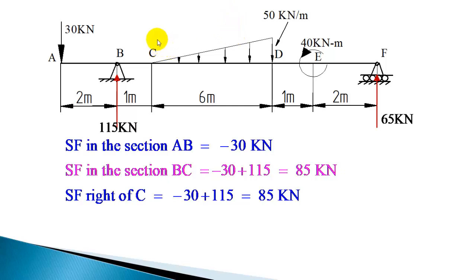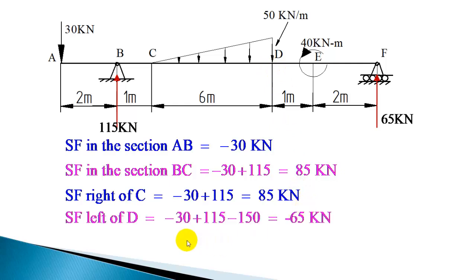Whatever value you had here for shear force, minus 150 will give the shear force immediately left of D. So the shear force immediately left of D is minus 30 plus 115 minus 150, this resultant of UVL. That will give minus 65 kilonewton.